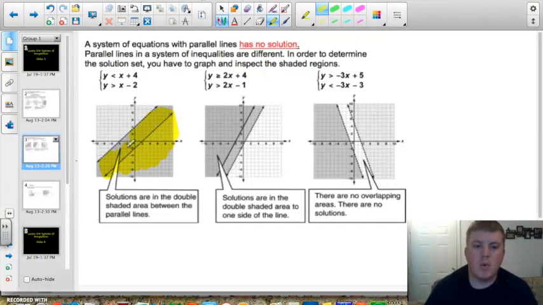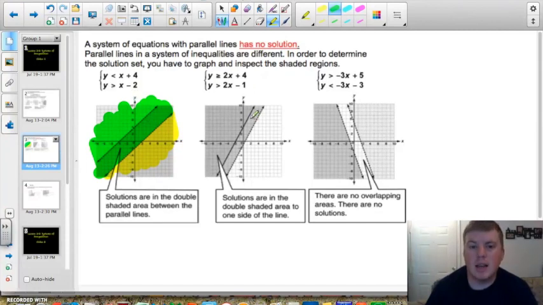With our second one, y is greater than x minus 2, we are shading greater than, so we are shading above. So we're going to see that in this little middle section where both the green and the yellow overlap, we're actually going to have a set of solutions. And that's going to be all our possible solutions.